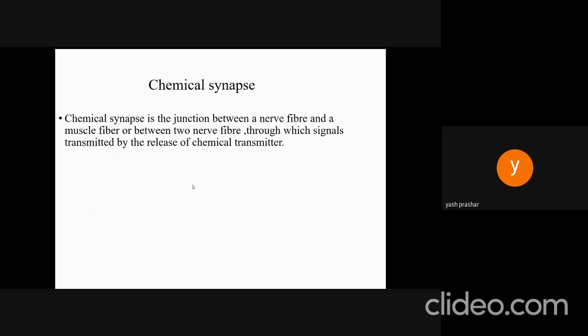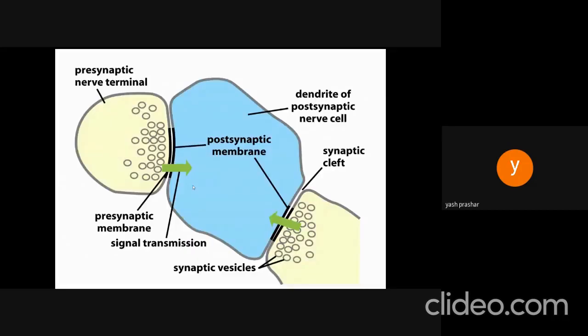Then we have the chemical synapse. A chemical synapse is the junction between a nerve fiber and a muscle fiber, or between two nerve fibers, through which signals are transmitted by the release of a chemical transmitter. We can understand it clearly through this figure.